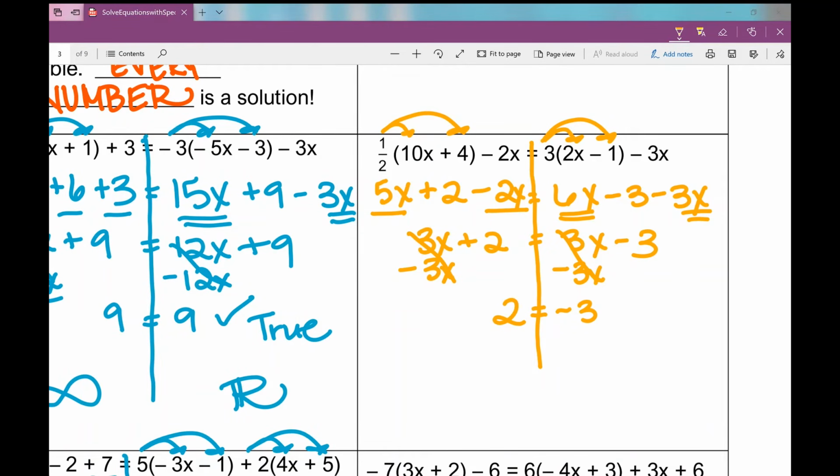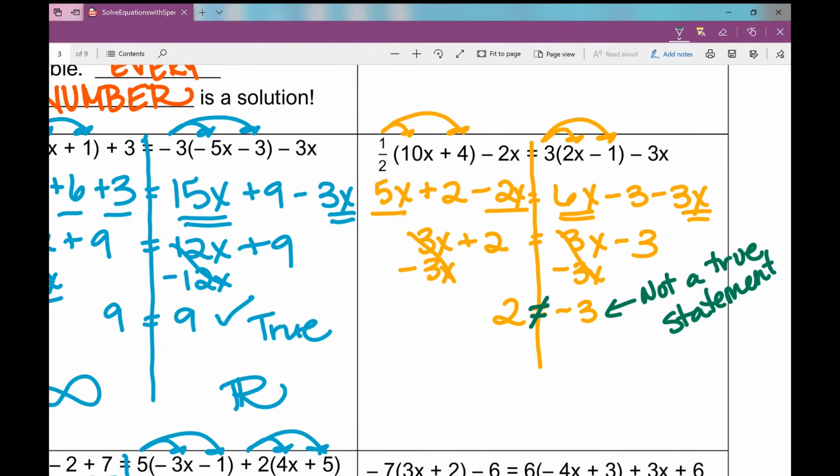So in a situation like this, when I get rid of my variables, but I end up with a statement that is not true, 2 does not equal 3. When I put a line through that equal sign, that does not equal 2. Okay? This is not a true statement. That means there is no value that I could plug in for x that would make this equation true.